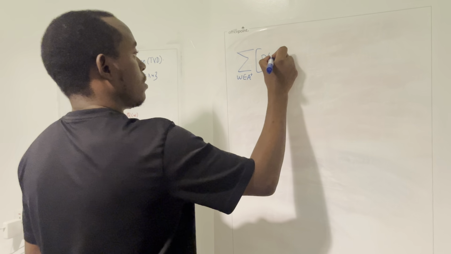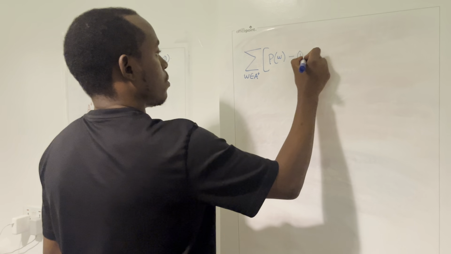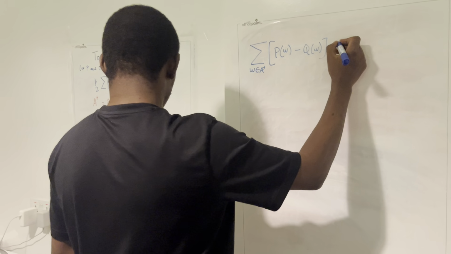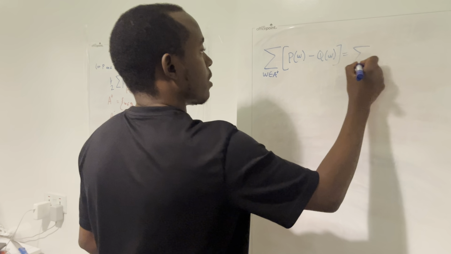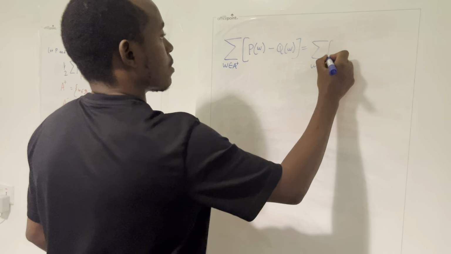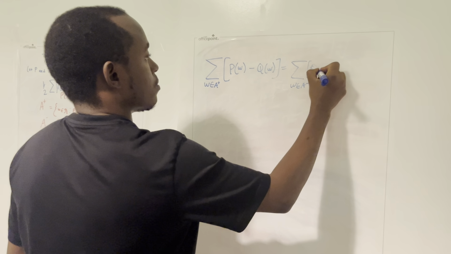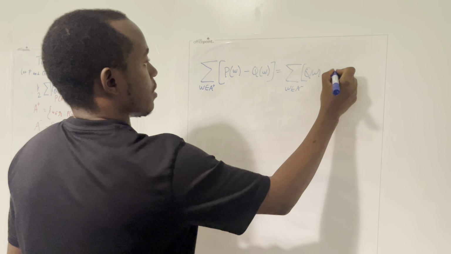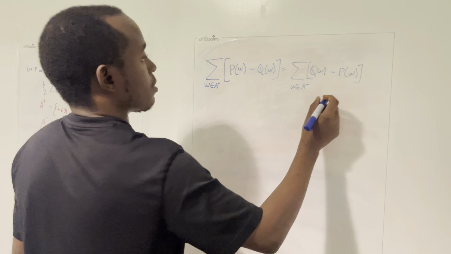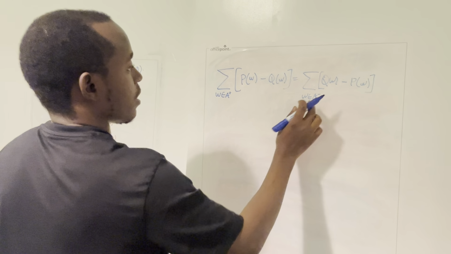This is P minus Q. This is equal to, so I said that, this is minus P. So basically, we put this before that.